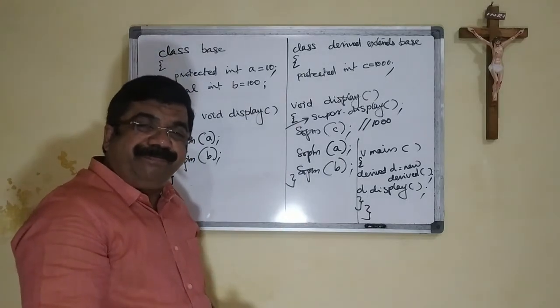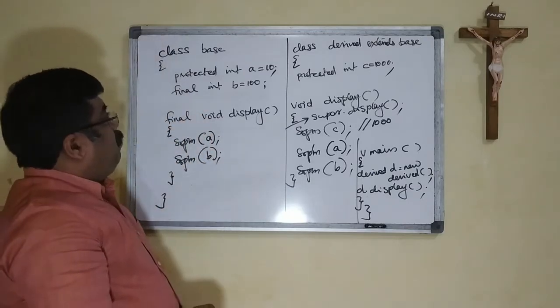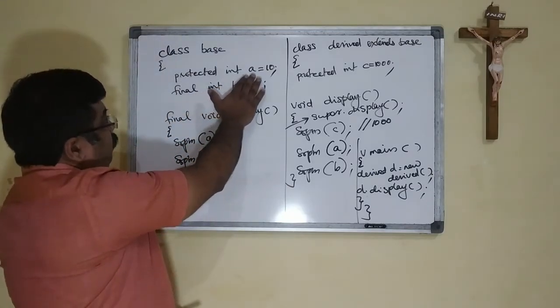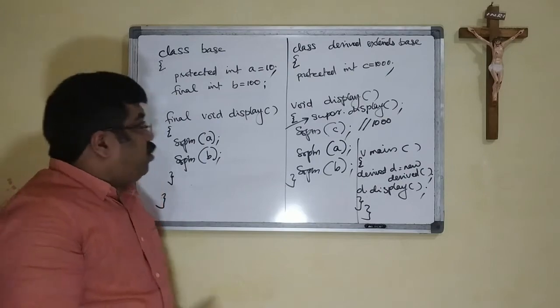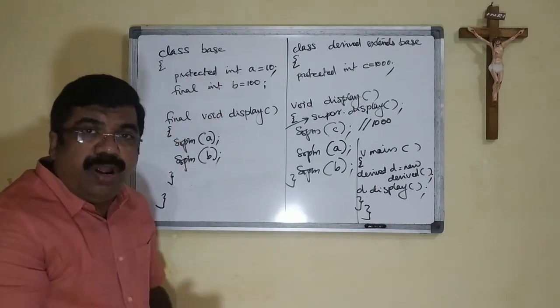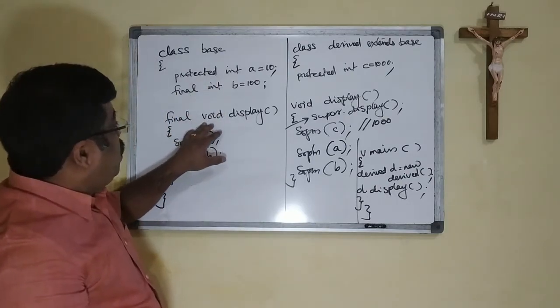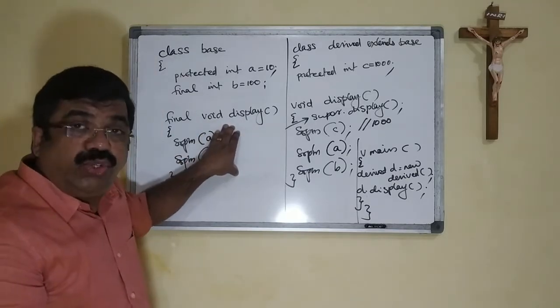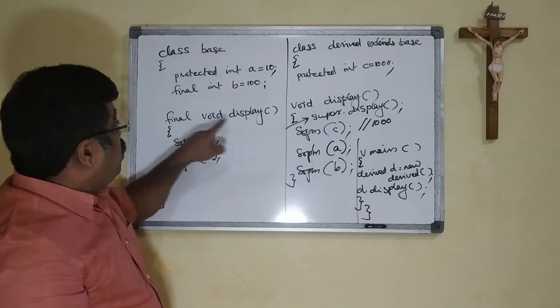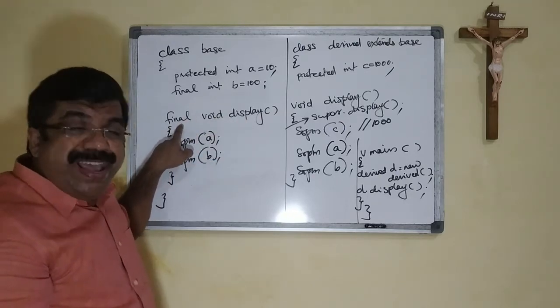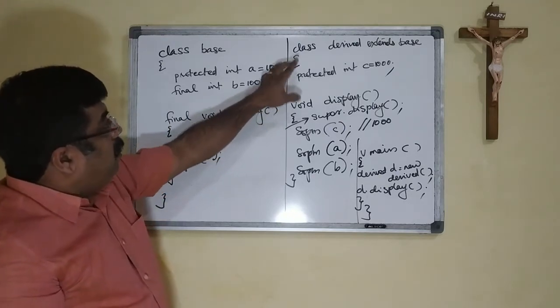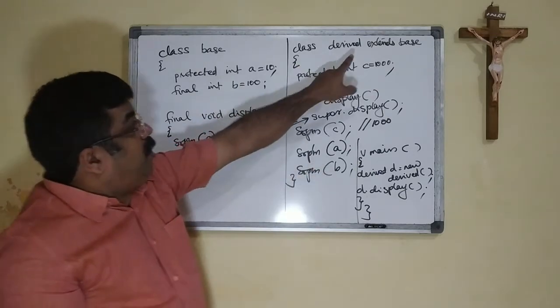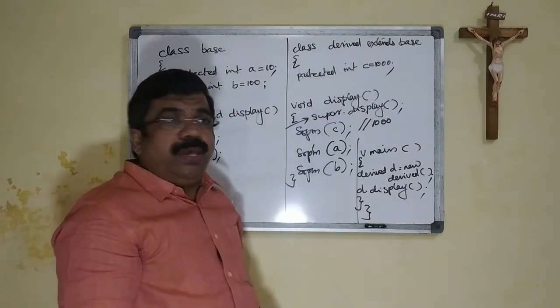See, base class data members A equal to 10, B equal to 100, final void display. The base class member function is declared as final. Class derived extends base.